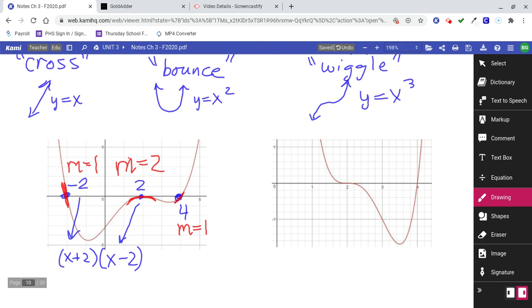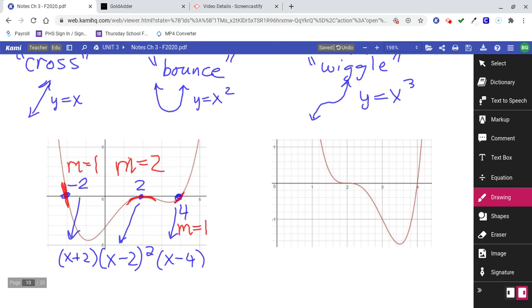With a multiplicity of 2, that means it got repeated. So there's x minus 2 squared. And then a 0 value of 4 must have come from a factor of x minus 4. Multiplicity 1 just means it's there one time. So I can see exactly what the zeros do and exactly what the factors do based on those multiplicities.